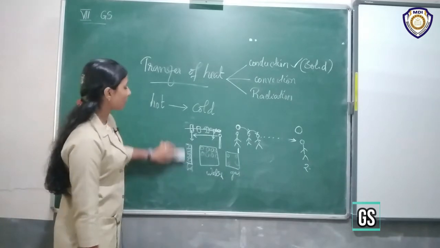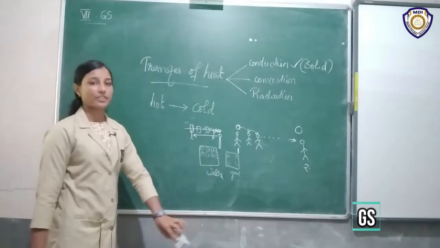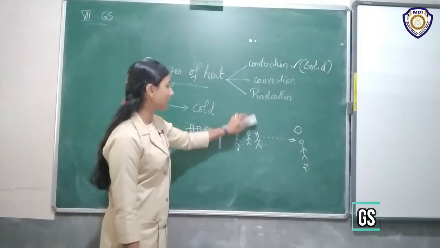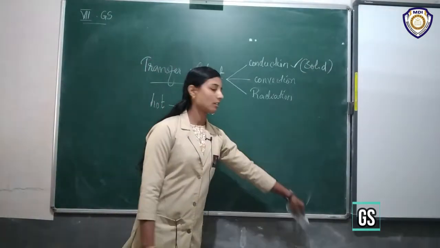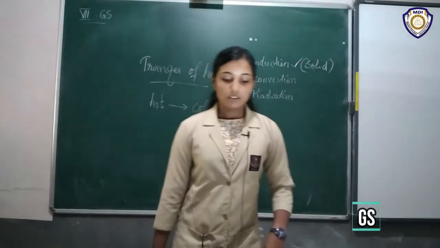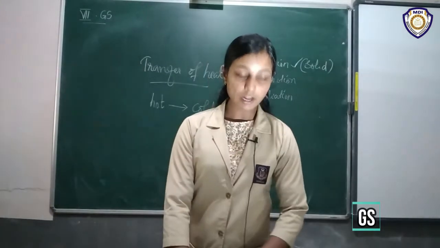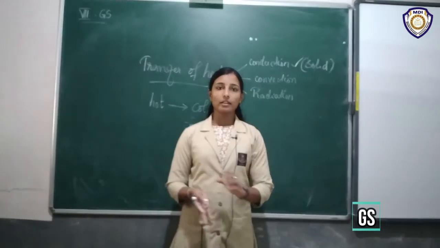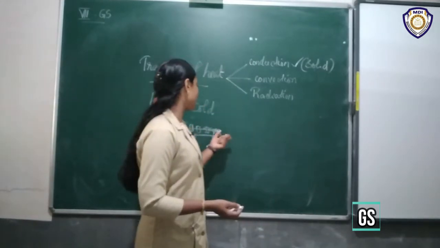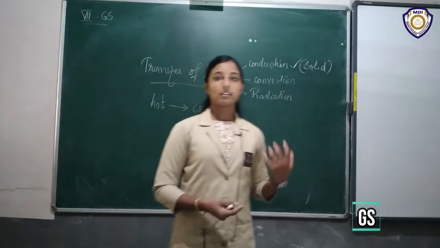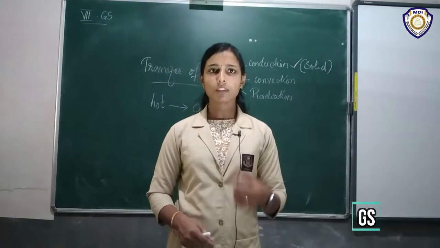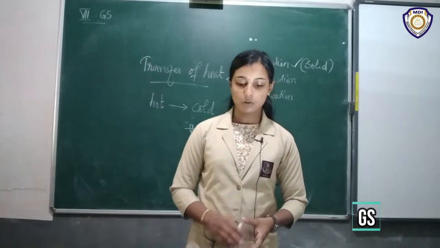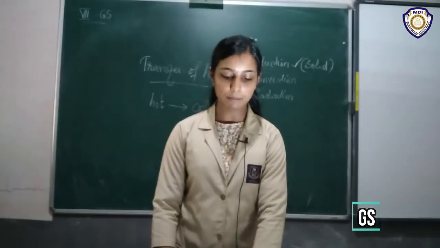That is how conduction happens. So the transfer of heat from one point to another through these constituent particles, that is, the solid has particles and they transfer heat from one point to another. Okay, that is how conduction happens.